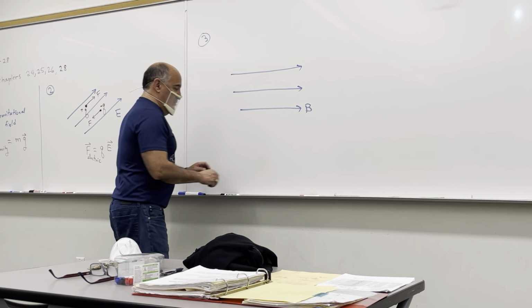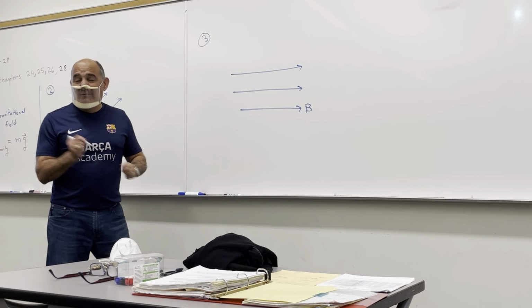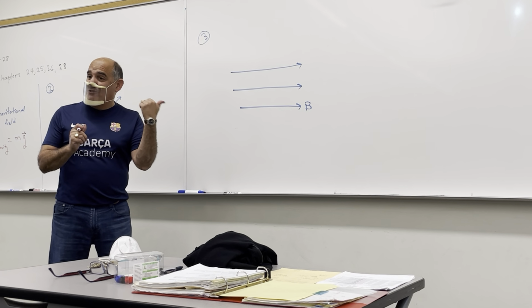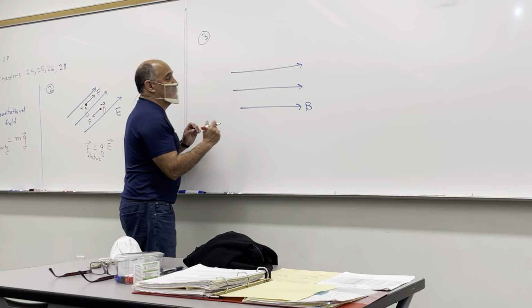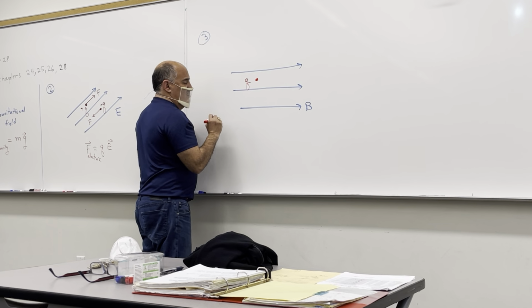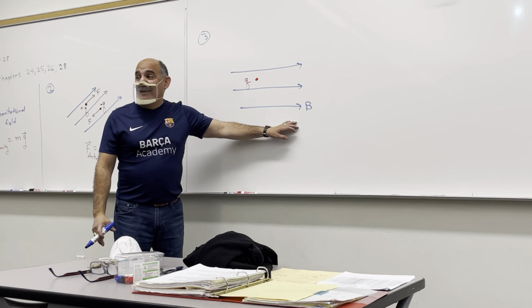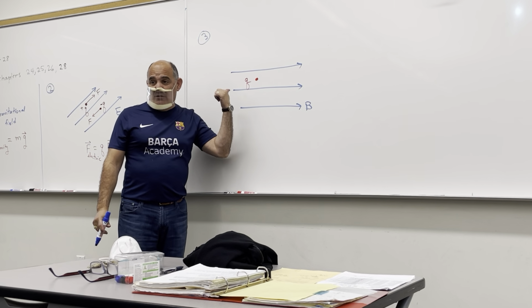Now, what happens? What good is it? Who cares? Well, you care if there's another charge in there that is now in the presence of this magnetic field. What happens if this charge is here and the charge is Q? This magnetic field can exert a force on this charge.